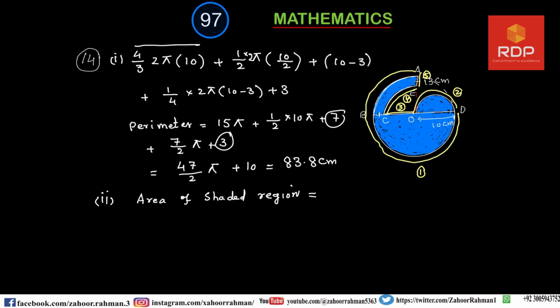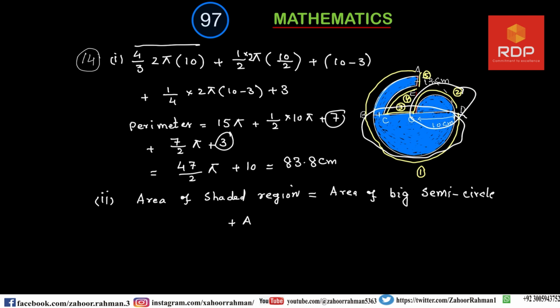Now the first one is this big semicircle. So we have to write area of big semicircle.